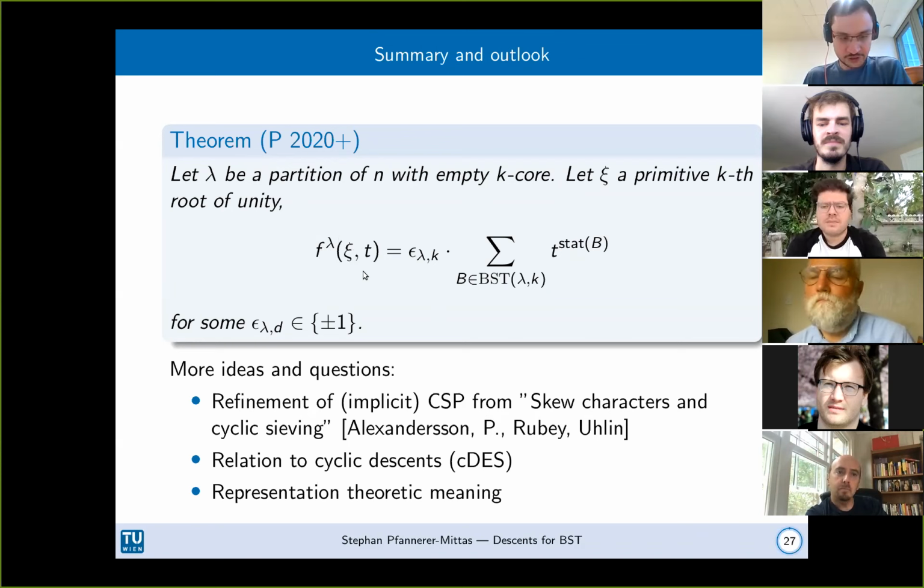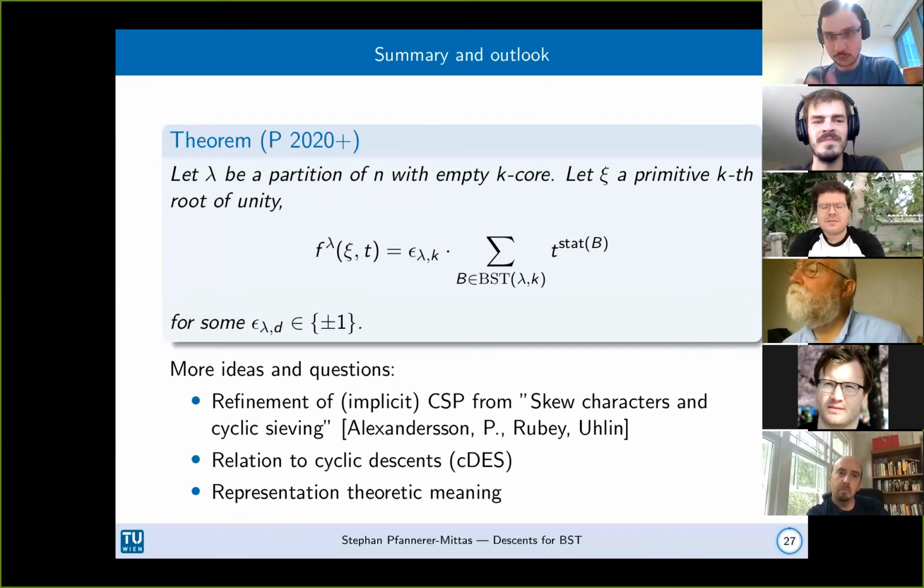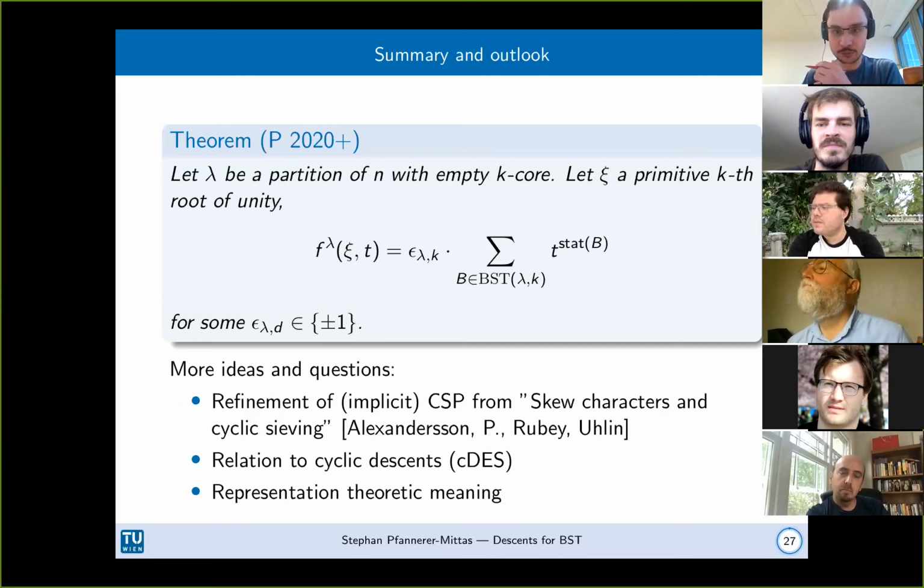And I conjectured that this is a polynomial for a cyclic sieving phenomenon. And if we add over all shapes lambda, then we get something that looks like a polynomial where we have Q to the major index plus Q to the major index of the inverse. So this is something that's maybe related to this.